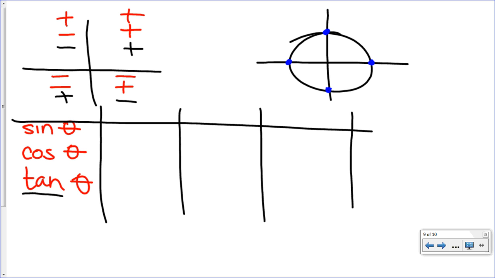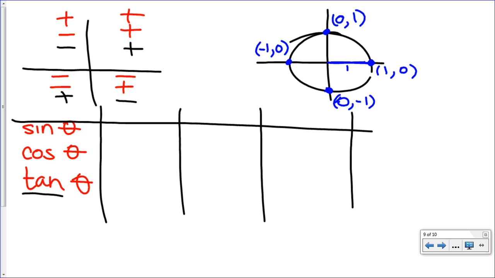So if we say unit circle, that means the radius is equal to what? 1. So the coordinates here for this point will be? 1, 0. Okay, and then this point up here will be? 0, 1. Okay, and the point here is negative 1, 0. And the one down here? 0, negative 1.